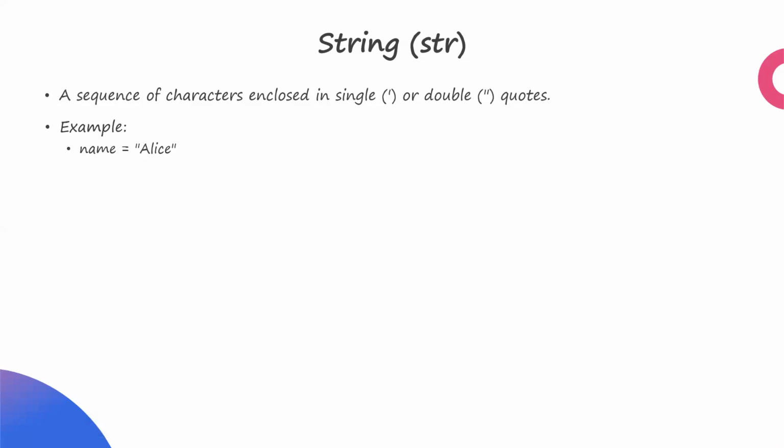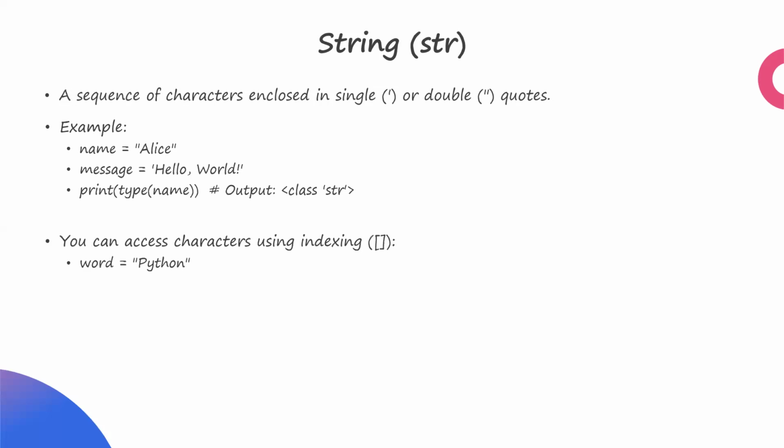So anything in double quote or single quote is a string. Message hello world is in single quote, it is a string. So when you print this, the data type is string. You can access characters by using their indices, but don't worry about this. We are going to dissect string as a chapter and discuss a whole lot of things about it. But for now, let's just go on.